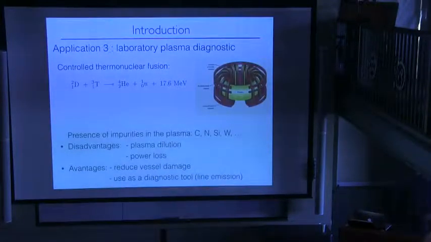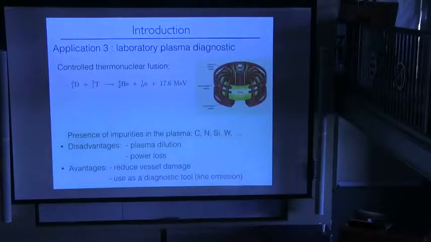And the third application is in the context of laboratory plasma, in particular with the fusion processes and the ITER reactor that is being built in France right now. As you know, you have this tokamak, donut shaped, containing plasma, and it's very hard to extract useful information from that plasma.